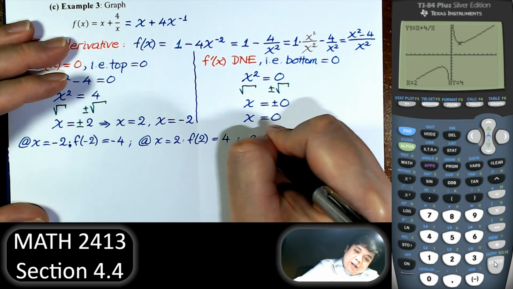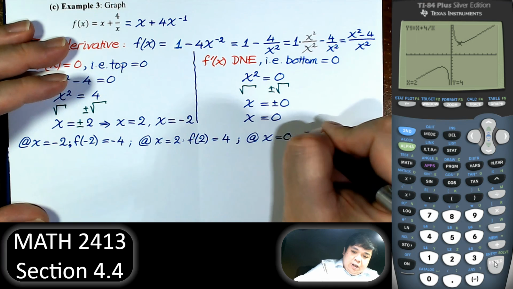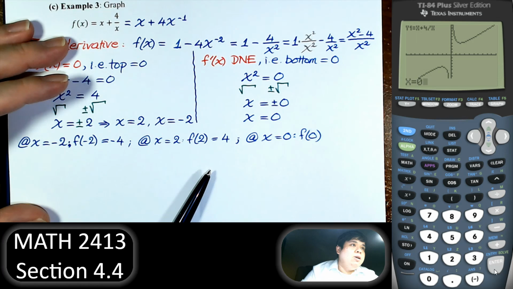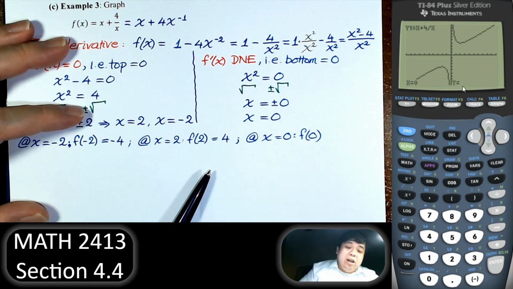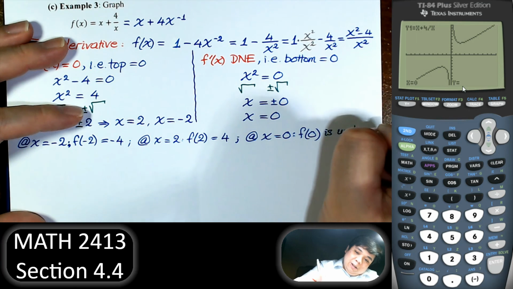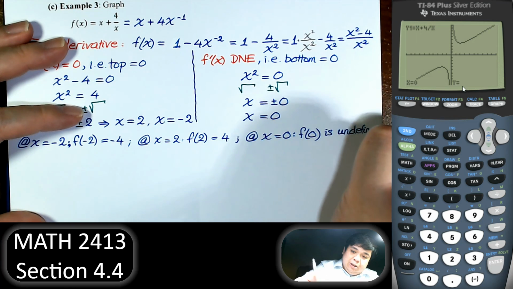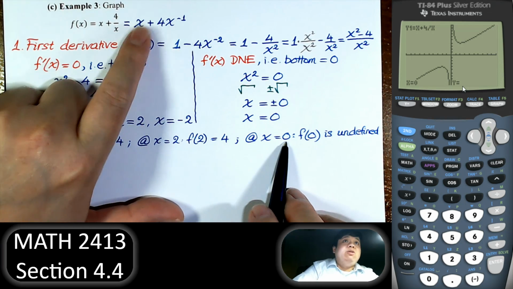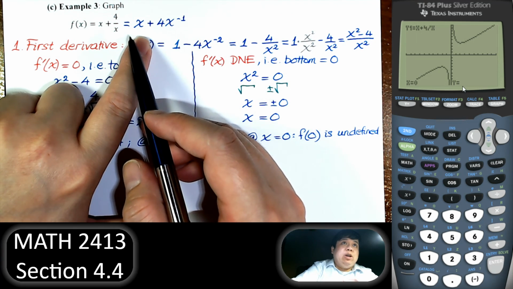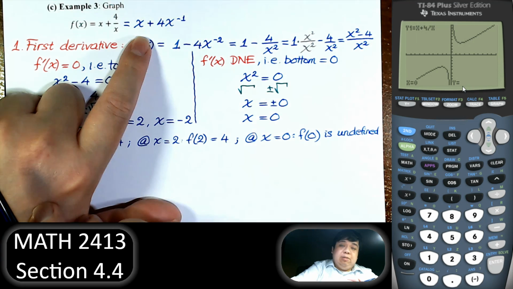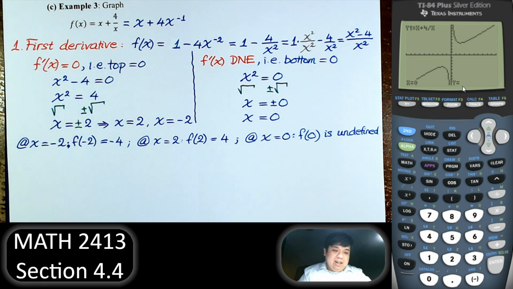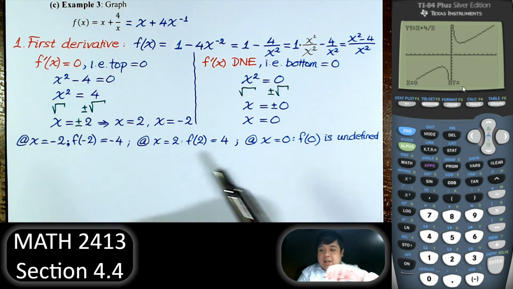And at x equal to 0, f of 0, it didn't give us anything, meaning it's undefined. So the point is undefined in the function, meaning that there might be a gap in the function. It may or may not be the asymptotes. Alright, so we come back to that later. But what we have for the derivative is that.